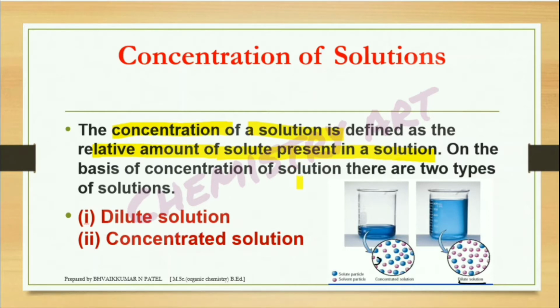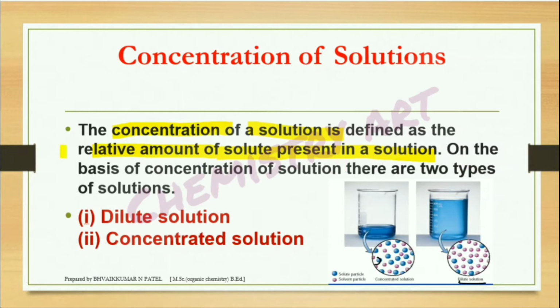For example, you have taken two solutions of 100 gram each. In the first solution, suppose 5 gram of solute is present out of 100 gram, and in the other, 50 gram is there. So 50 gram is more, and that solution will be concentrated.